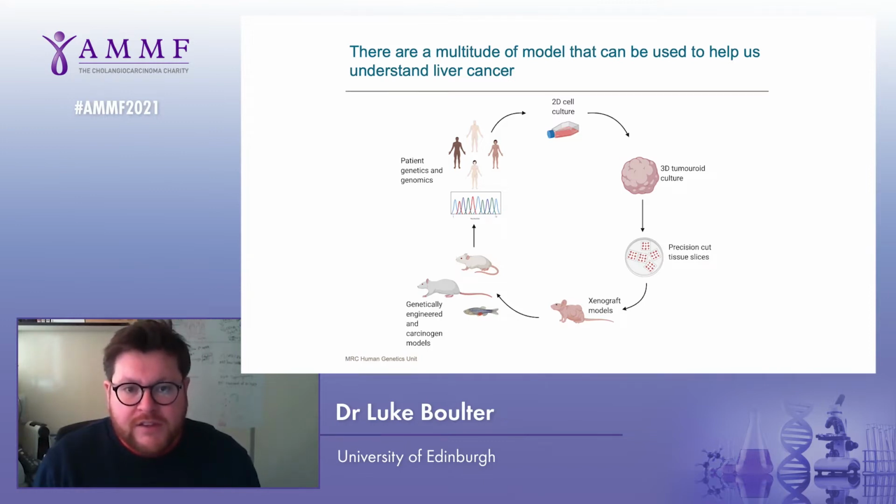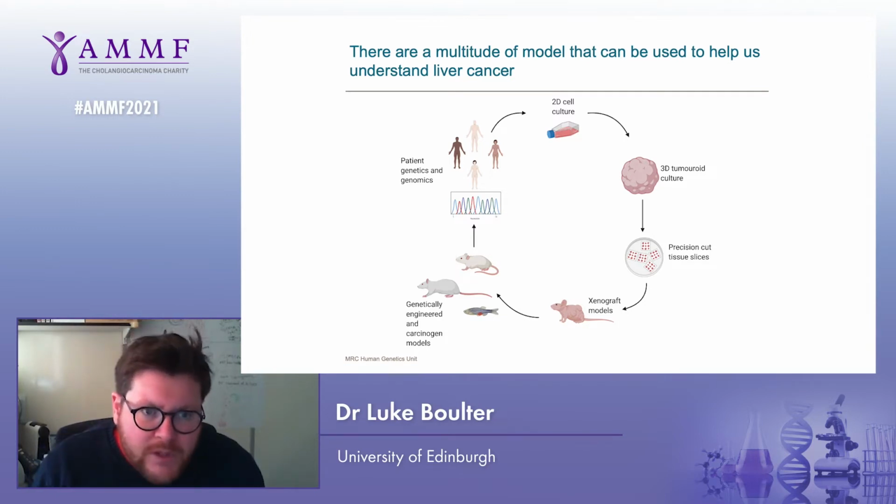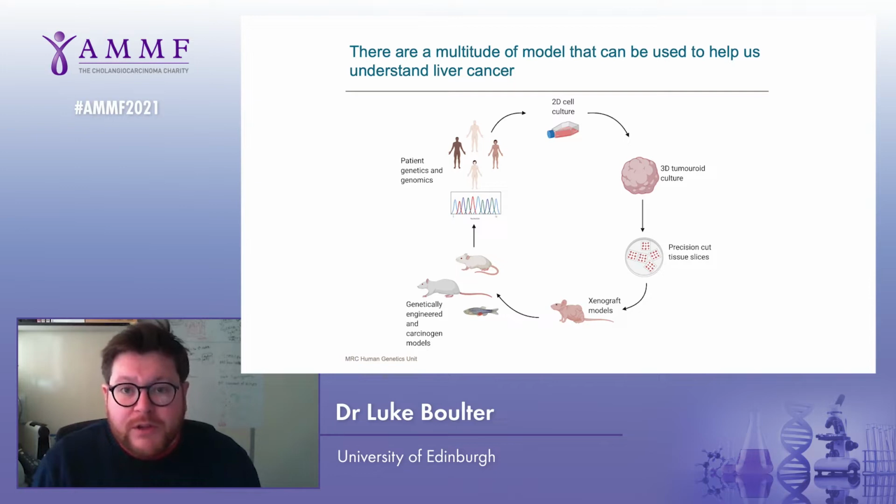Because of high throughput sequencing, and new technologies becoming available in imaging, we can start to utilize the patient and patient data, particularly in understanding how to develop therapies for cholangiocarcinoma. Probably the most utilized model is 2D cell culture. This is where cancer cells are grown in a dish or in a flask, and those have some obvious advantages. They're very cheap, but they're also very artificial.